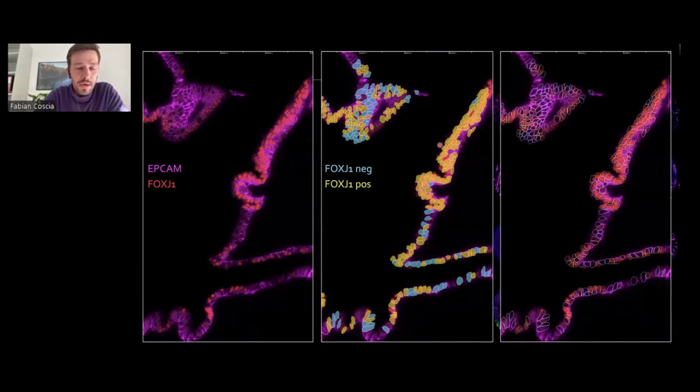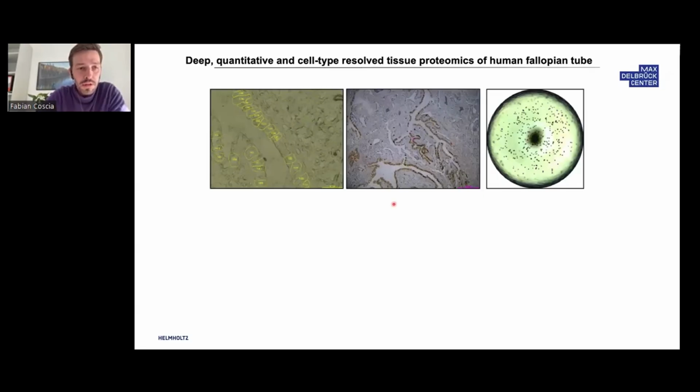We can then apply our machine learning-based cell classification, and now cells that are positive or negative will be classified as unique groups. Here on the right side, you see the individual segmentation masks that the laser microscope will use in order to isolate these cells in situ for our proteomic investigation. Now, in this picture, you see how this was done.